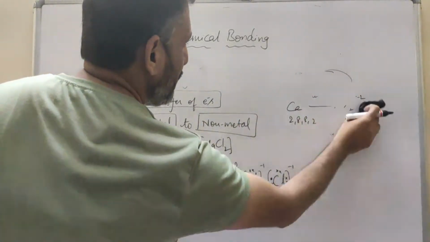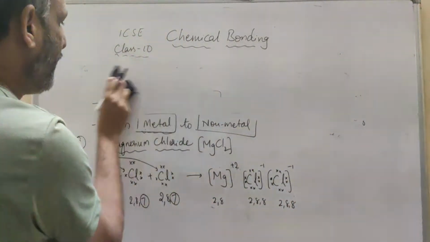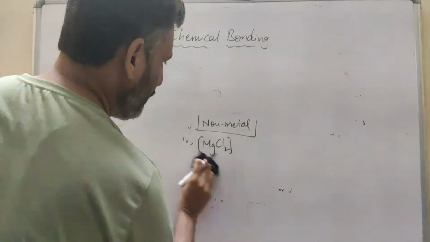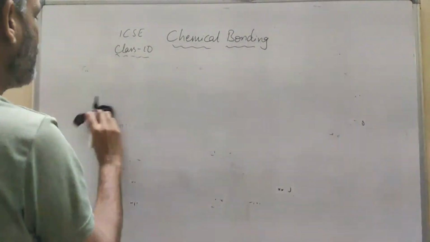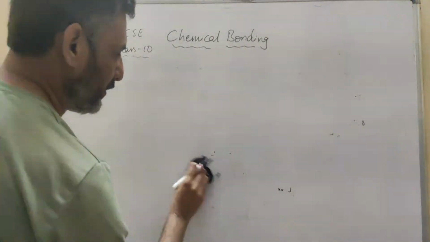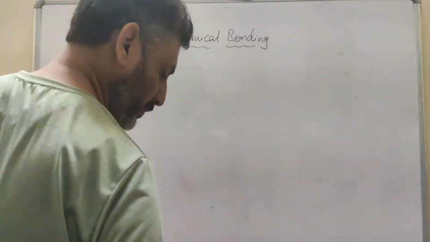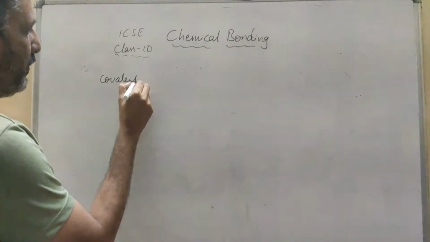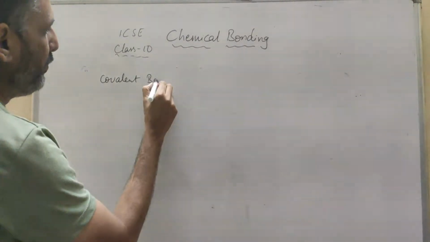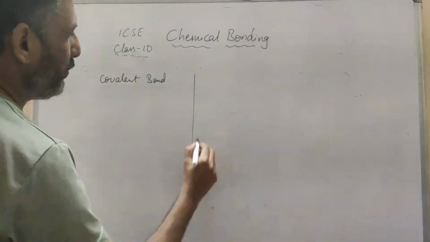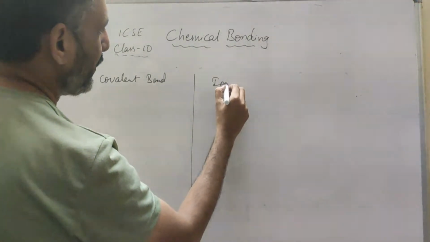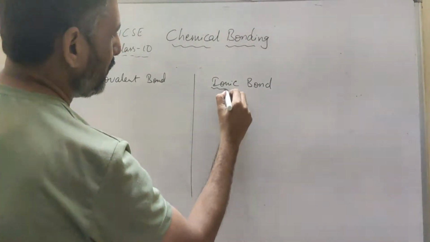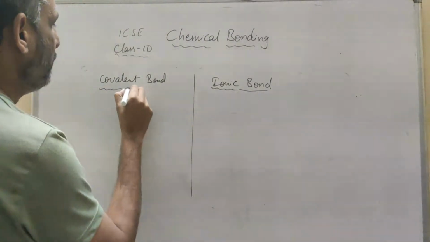So now quickly we revise the comparison between ionic bonding and covalent bonding, because definitely a 2 marks question will come on comparison. Covalent compounds or covalent bond and electrovalent bond or electrovalent compounds, nothing but ionic compounds.